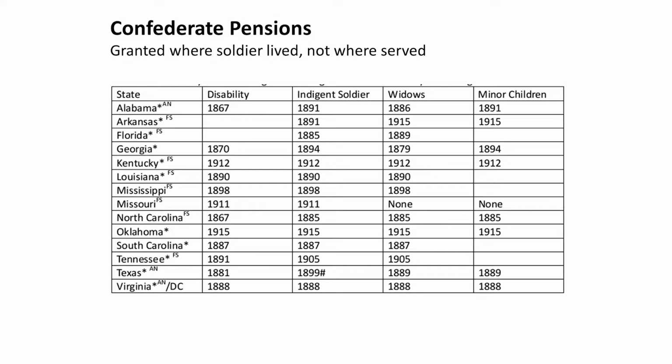Notice that Missouri, for example, never offered a pension to widows or minor children. So again, think about this. If your family moved and moved again and you're looking for a reason, it's not a lot of money, but it may be enough to affect some judgment movement, okay? I'll give you some examples.